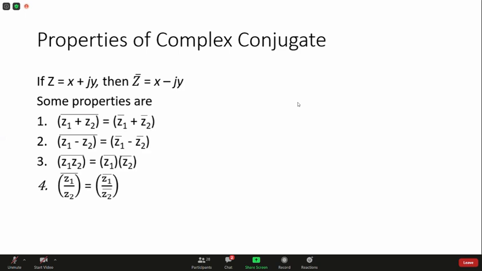Take the complex number x plus jy, z bar equals x minus jy. Then you can add the two complex numbers, then calculate the conjugate. See whether that can be written as z1 bar plus z2 bar. Similarly, the multiplication also you can do. Remember, I just give you some hints.